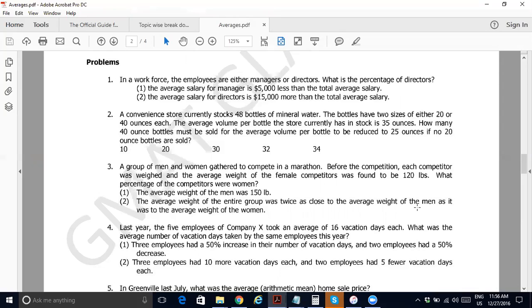So it's basically directors into N1 plus managers into N2 over N1 plus N2. The average salary for managers is 5,000 less than the total average salary. The average salary for directors is 15,000 more than the total average salary. So the total salary becomes directors into N1 plus managers into N2.